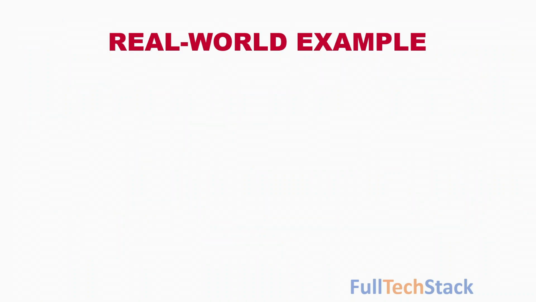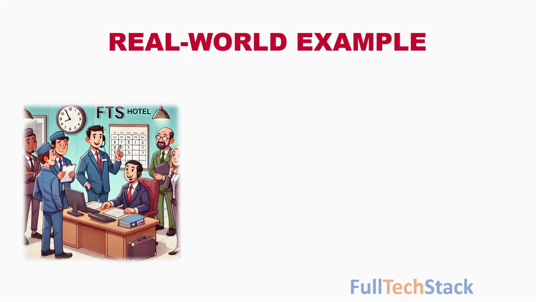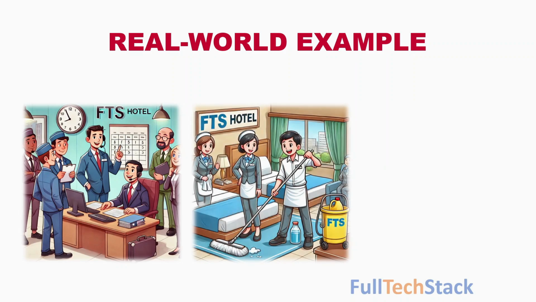Let's understand this with a real-time example. Imagine you are the manager of a hotel and you make the decisions about how the hotel should operate. But you don't directly clean the rooms or prepare the food. Instead, you have the staff members who specialize in those tasks. You give the instructions to them and they handle the specifics.